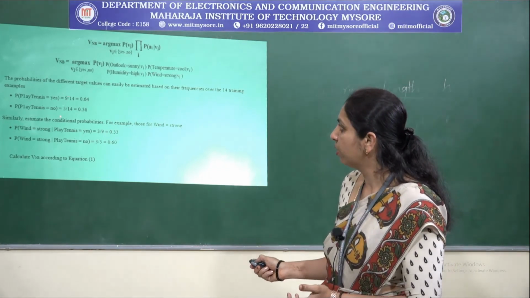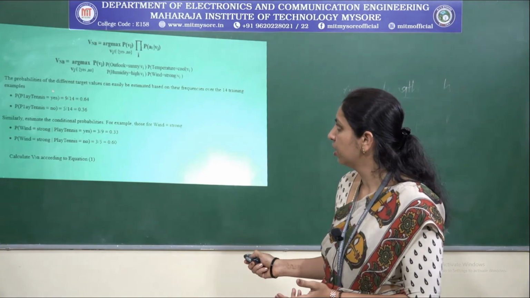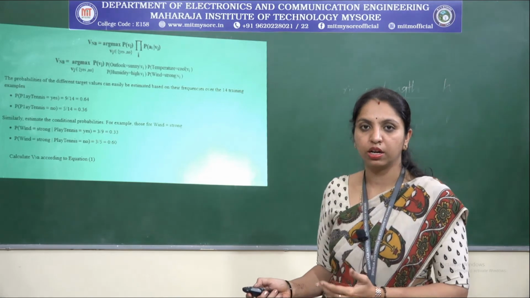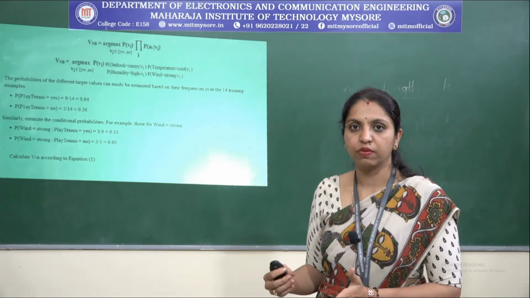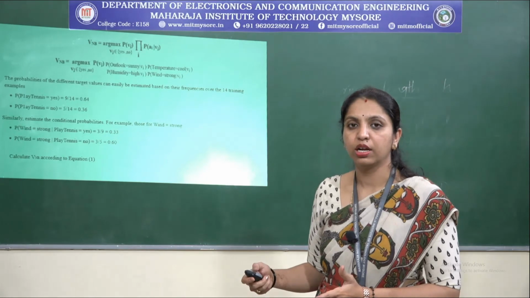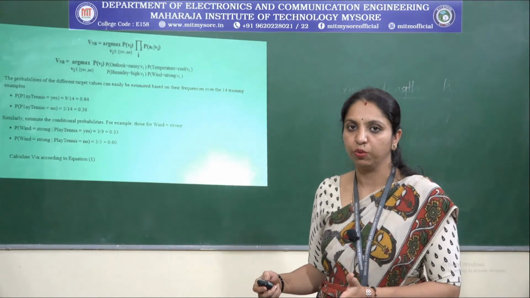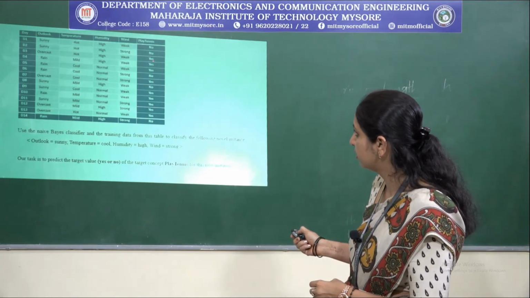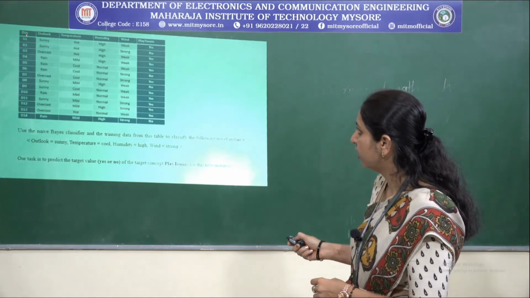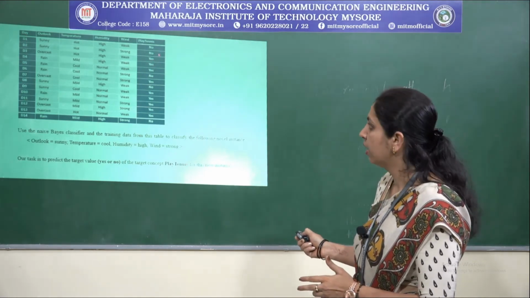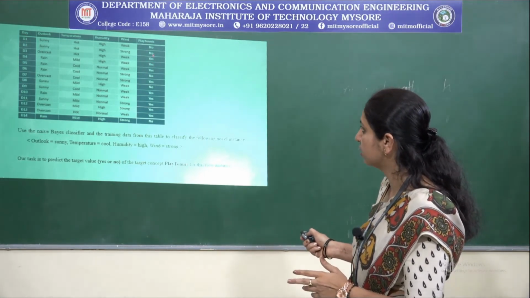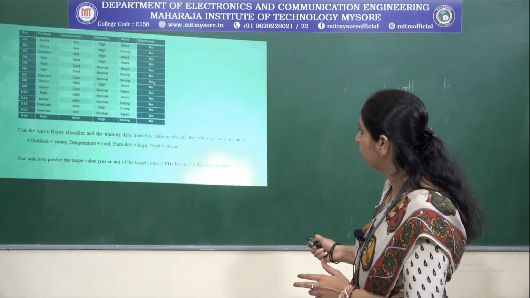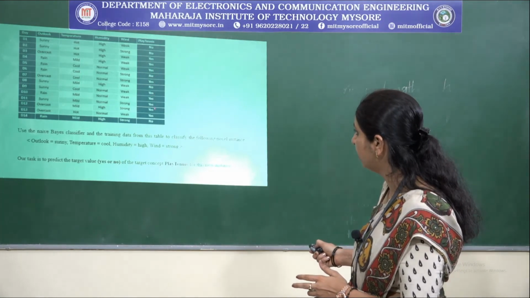Out of 14 training examples, we need to find out how many target values have yes and how many have no. Considering this table, let us check how many training examples say yes and how many say no. Let us count here: 1, 2, 3, 4, 5, 6, 7, 8, 9.